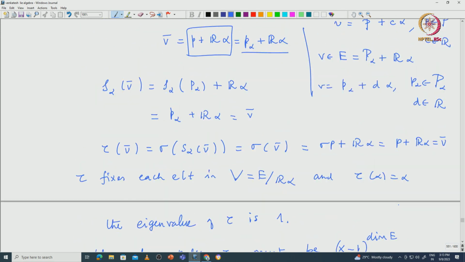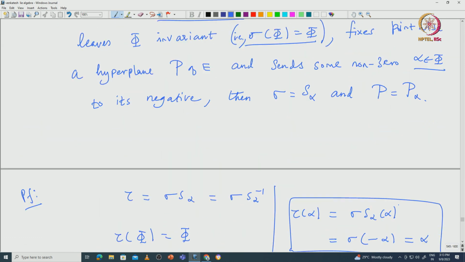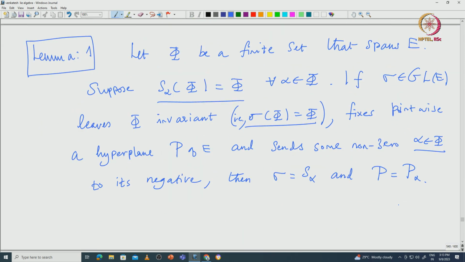So, this lemma again will be very crucial, and it will be used again and again later in order to understand isomorphism or automorphism between phi and so on. So, what it says, let me repeat. You start with a finite set that spans E. For example, you can take phi to be a finite root system.